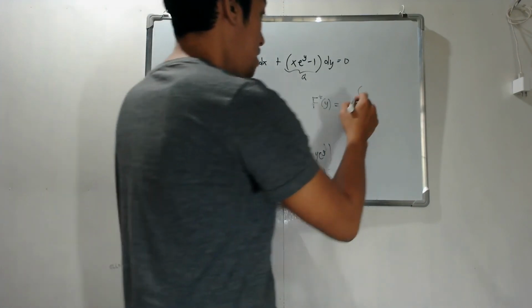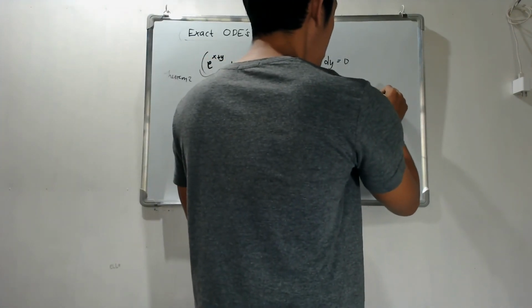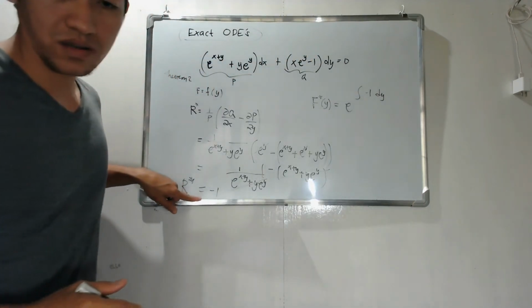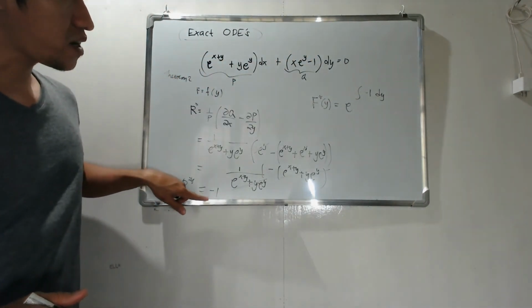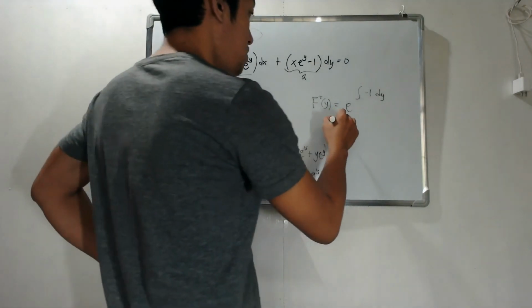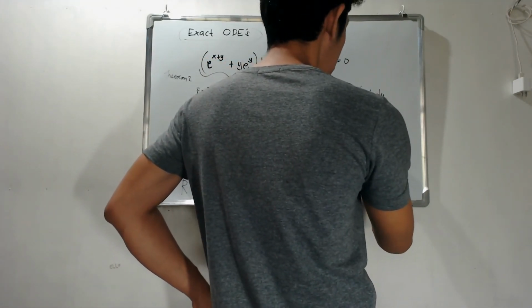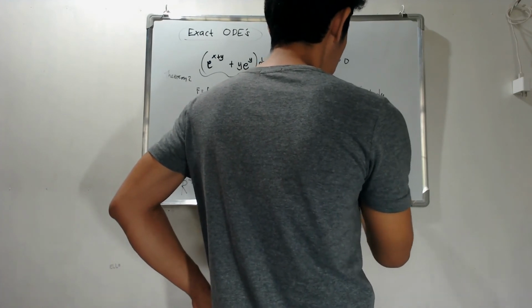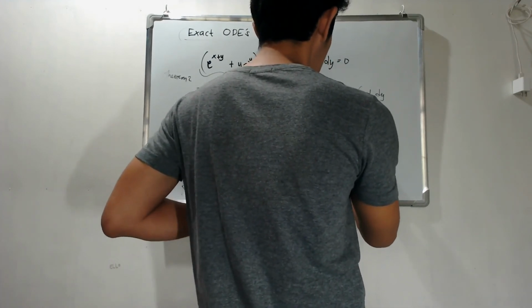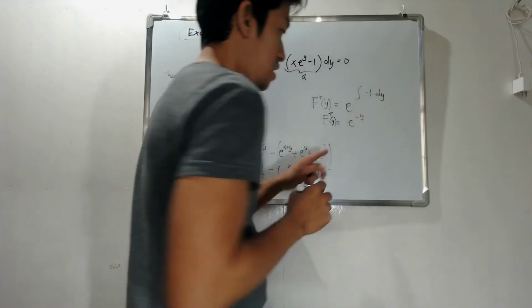R of y is negative 1. Therefore, it is e to the negative y.